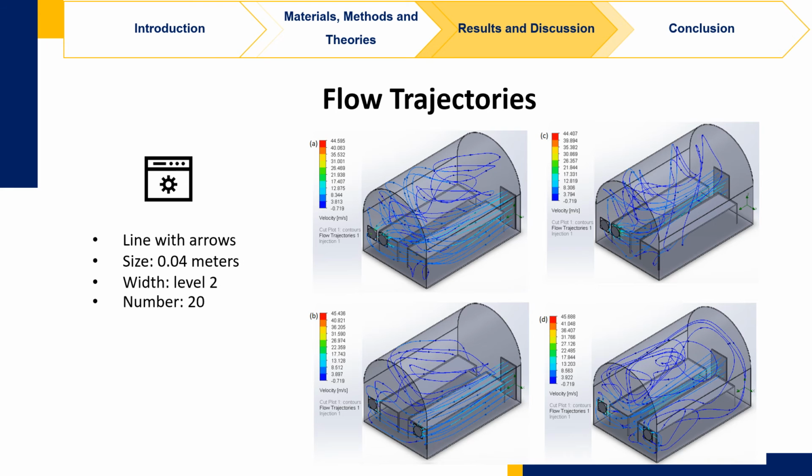Flow trajectory was represented as lines with arrows, and it has the following parameters. This allows visual presentation of the air path from the door to the fan.